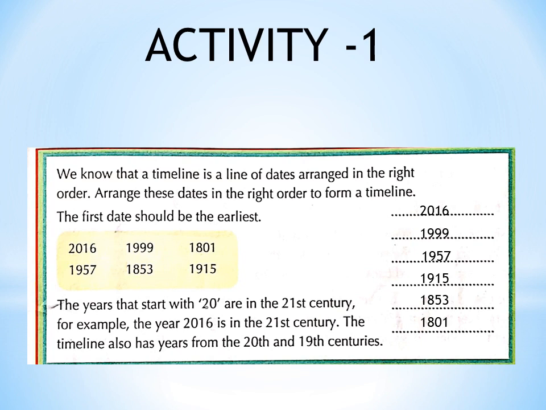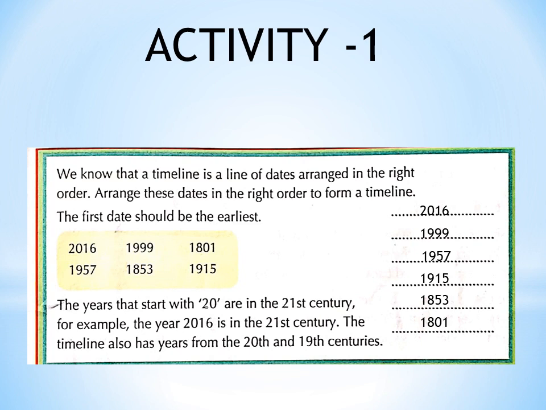Now the years that start with 20, can you see them? Only one is there, that is 2016. They are in the 21st century. For example, the year 2016 is in the 21st century. The timeline also has years from the 20th and 19th centuries.